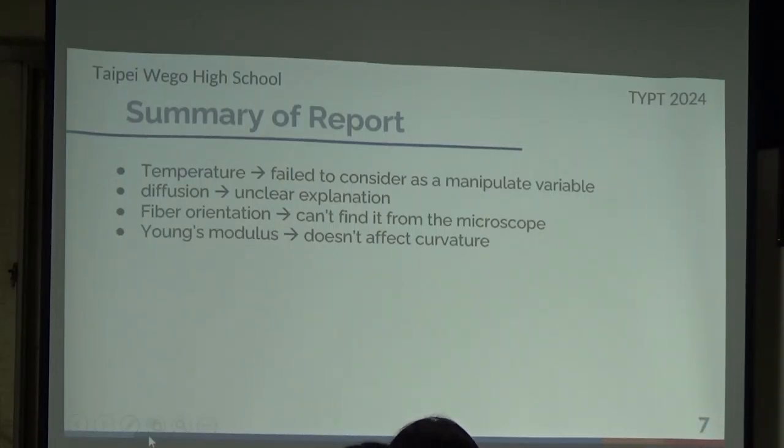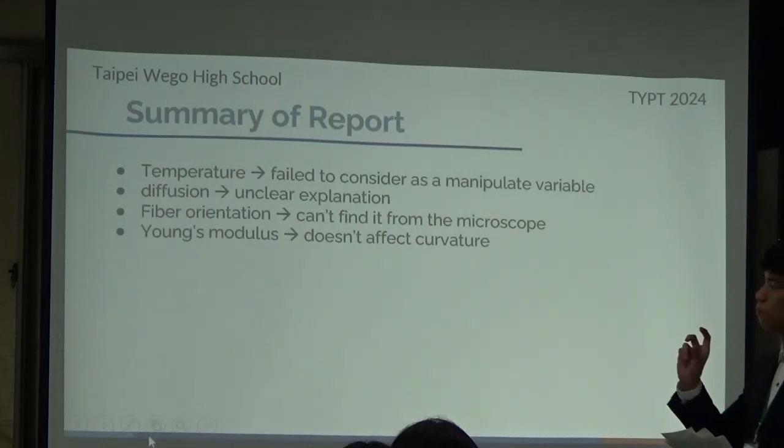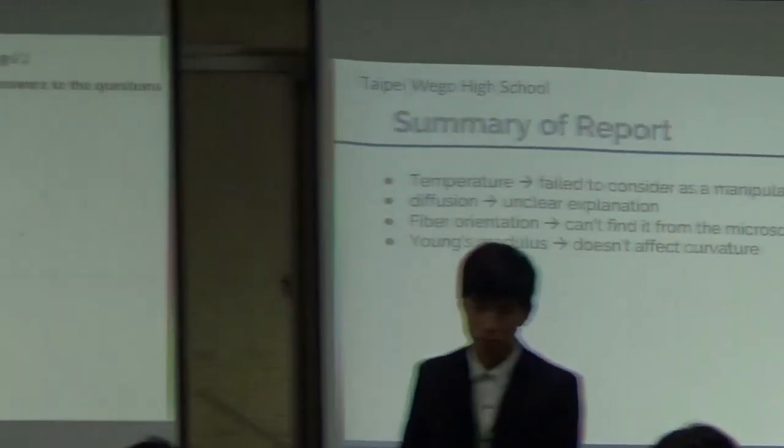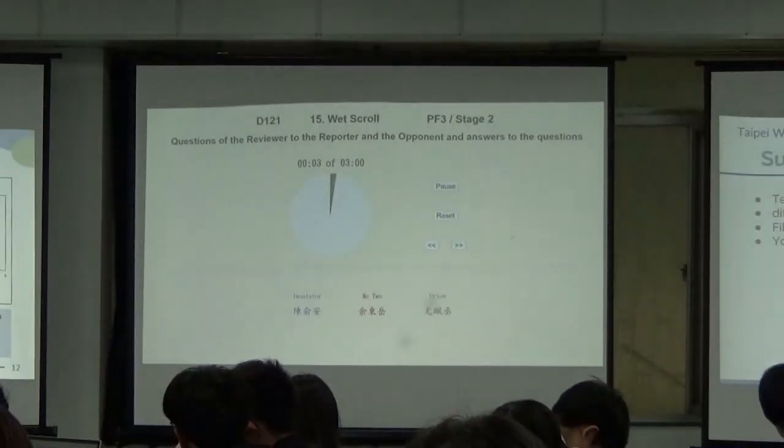And also about the diffusion, they didn't clearly explain the relation between diffusion and the orientation of fibers. Also, they couldn't find it from the microscope, the fiber orientation. Also, about the Young's modulus, it doesn't affect curvature actually. Okay, thank you. Okay, so reviewer asks questions, 3 minutes.